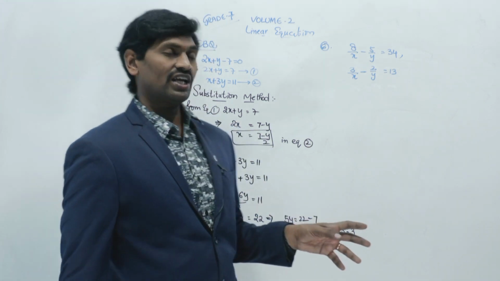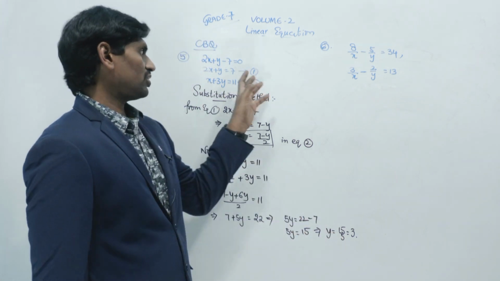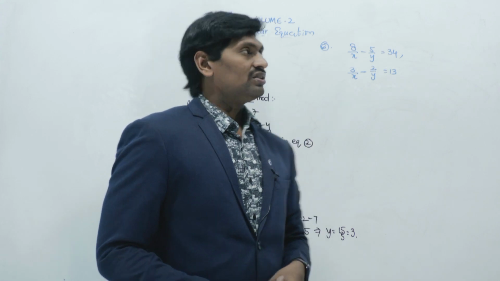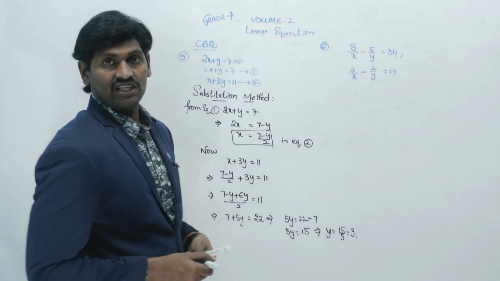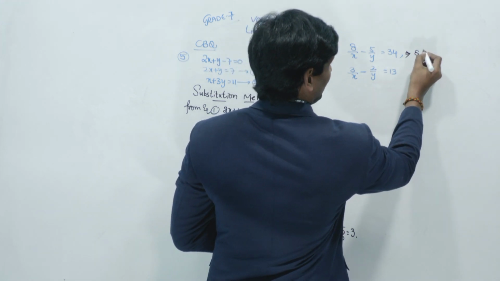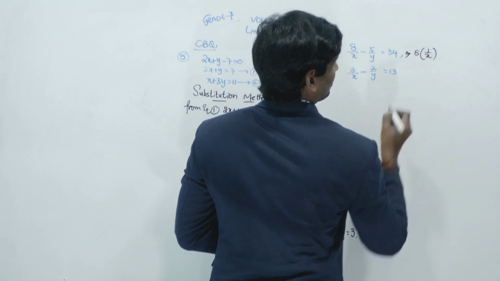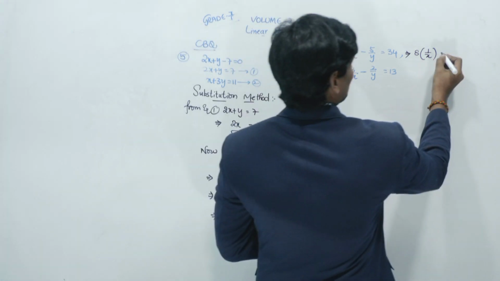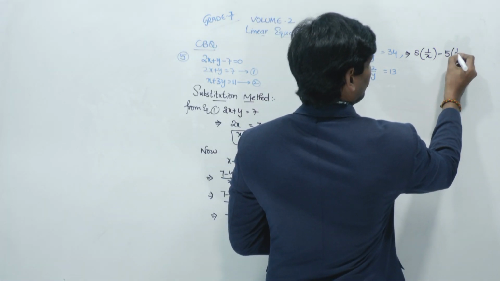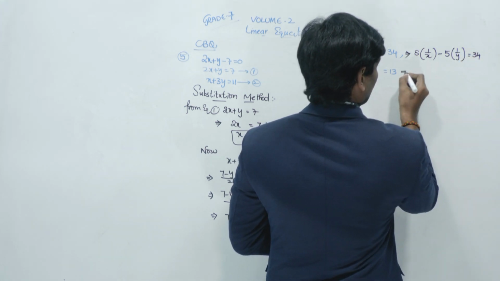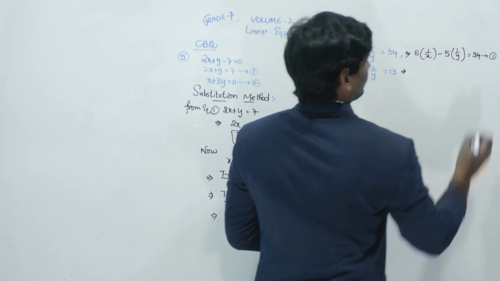Until now we were having the variables in the numerator position only, but here in this problem it is in the denominator. So that's why I am writing equation 1 as 8 into 1 by x minus 5 into 1 by y equals 34, equation number 1.